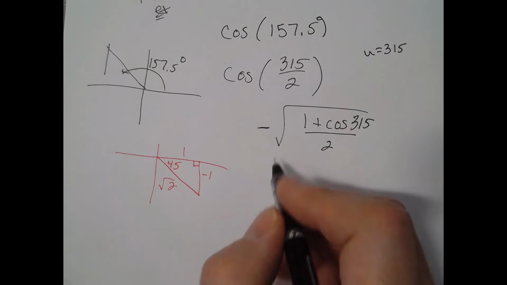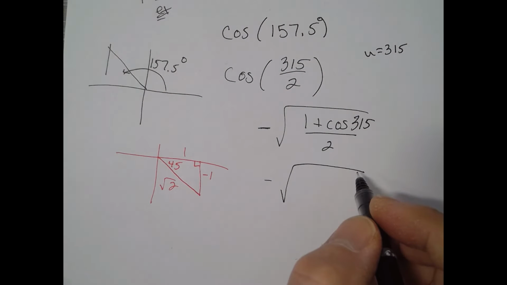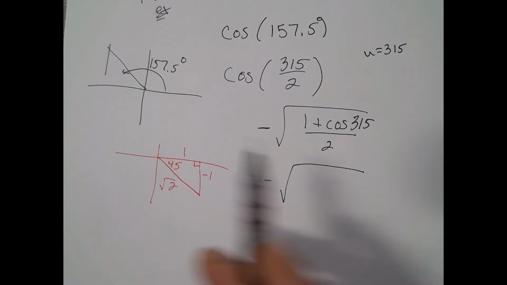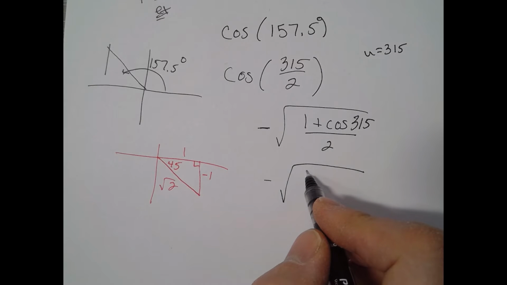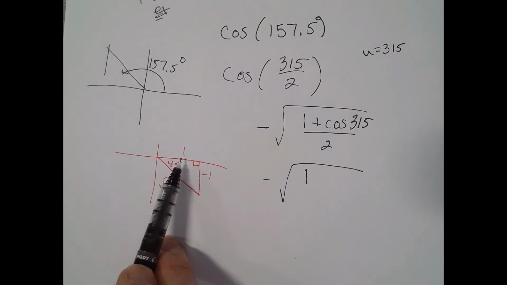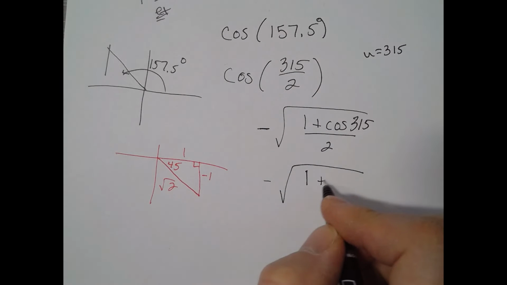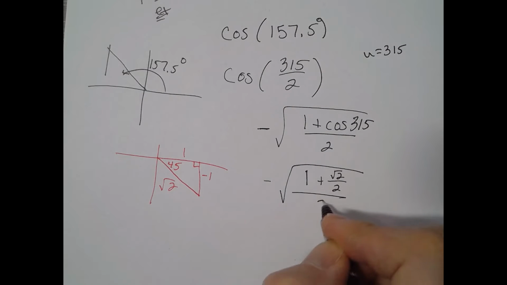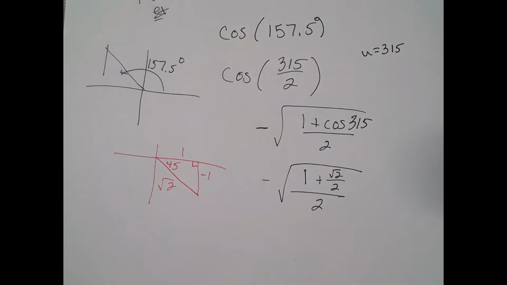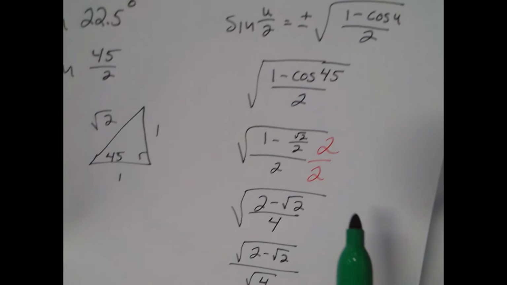So our answer is going to be, like you said, Ashley, really close to what we just did in the previous problem. So 1, and it's positive 1 over square root of 2, so plus square root of 2 over 2, over 2. What did we have before? Oh, we had a minus there.